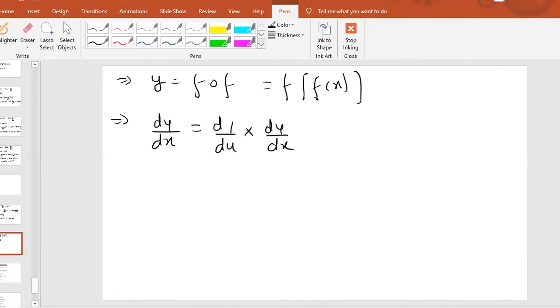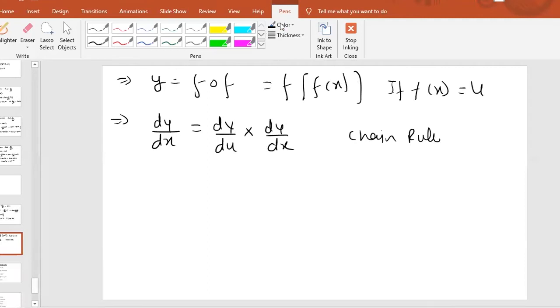Now we have to assume f(x) as u. If function of x equals u, then dy by dx must be equal to dy by du into du by dx. This is known as the chain rule.